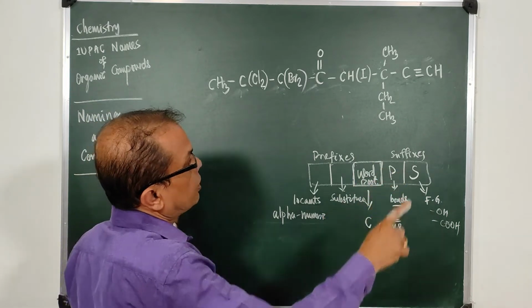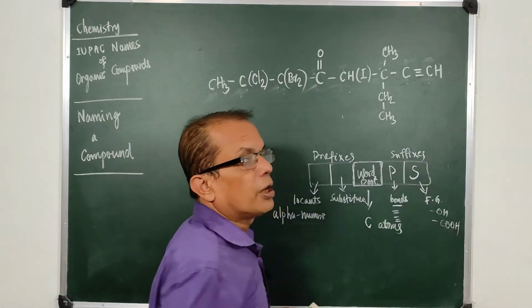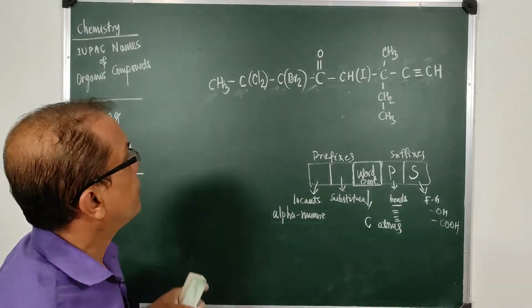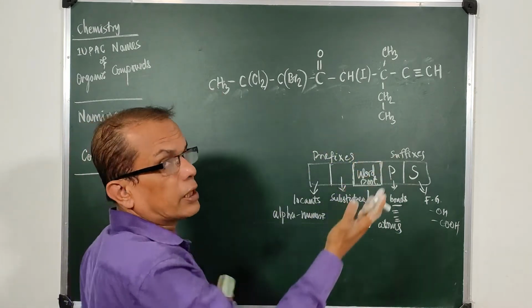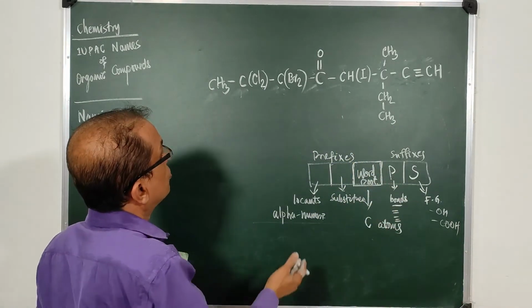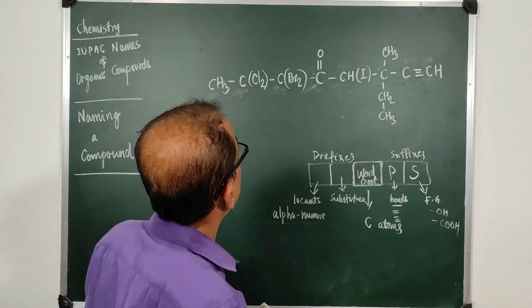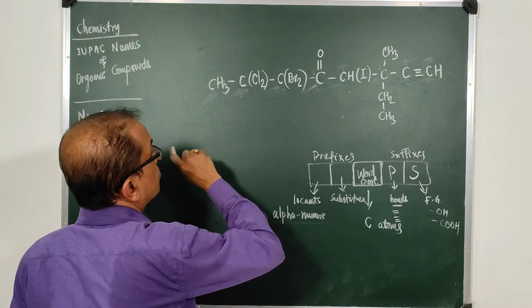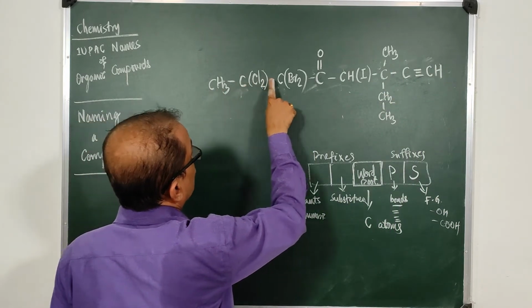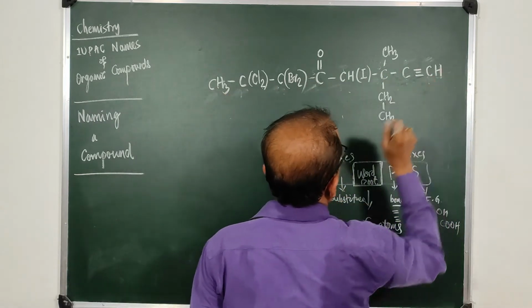So while naming, first you have to deal with the word root, and for reading the word root you have to look at the compound from either side so that you go through the parent chain. And what is parent chain? I have taken an example of a long compound which we generally feel afraid of writing the name of. While counting the number of carbon atoms, I have 1 2 3 4 5 6 7 8 carbons in this line.